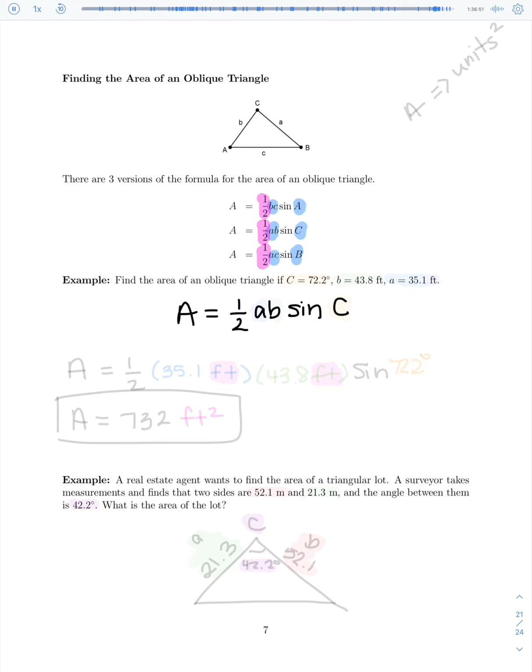So let's see. We've got that side B can get plugged in. We have that side A can get plugged in. And then we have the angle C can get plugged in. So let's see what that gives us.